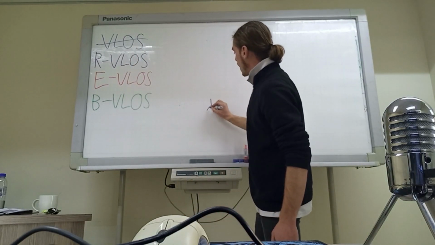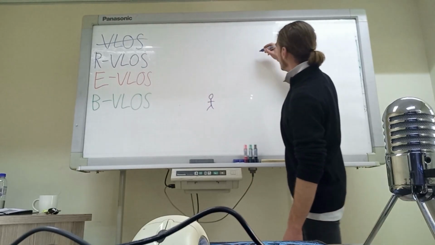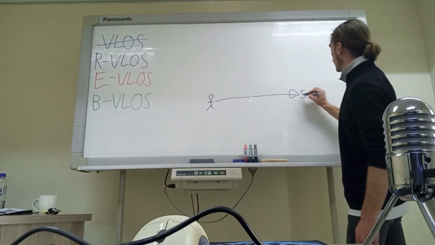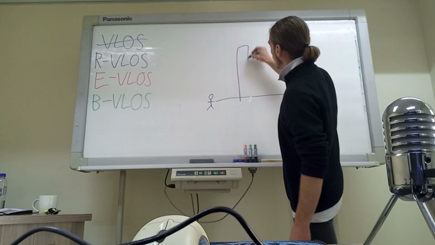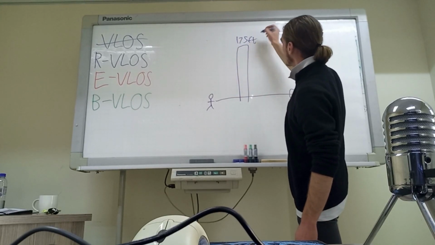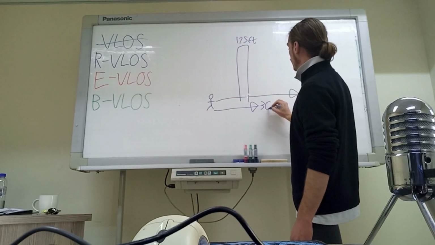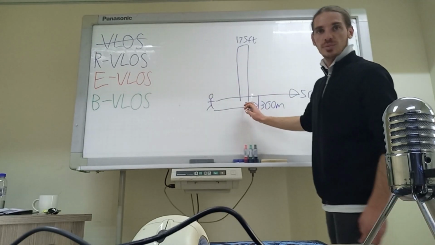If I'm flying here, okay, and I fly my drone 500 meters, and I have a building here that is 175 feet high, and this is my 300-meter mark. This is within 300 meters.